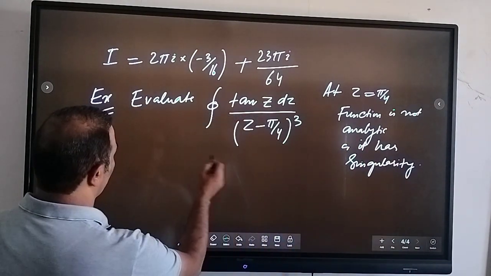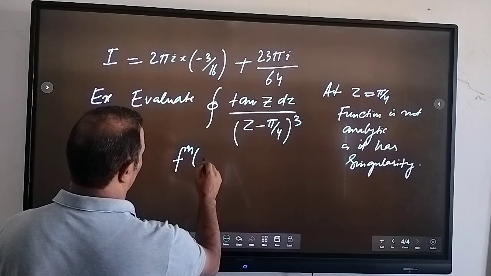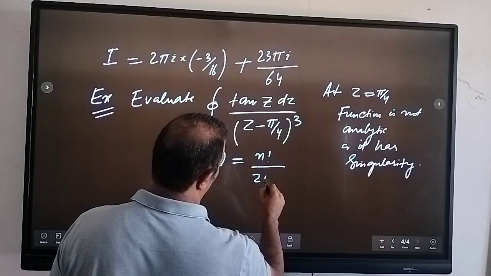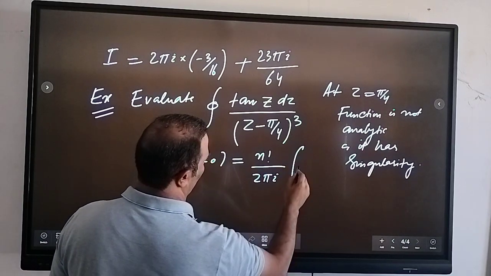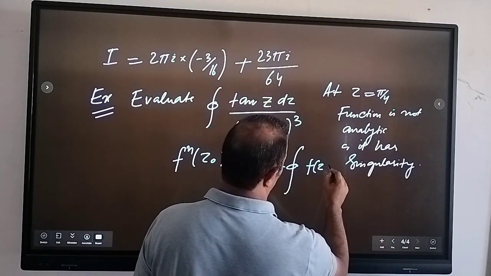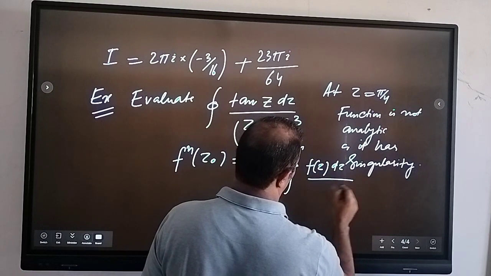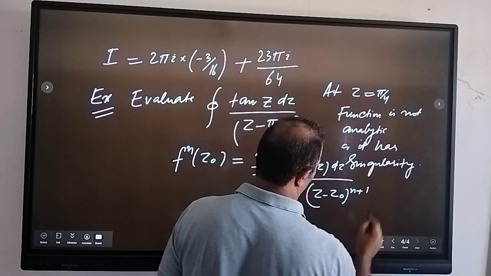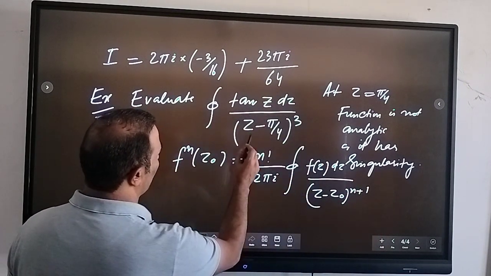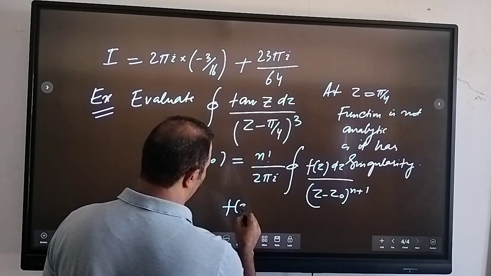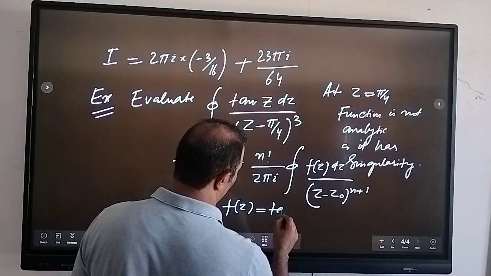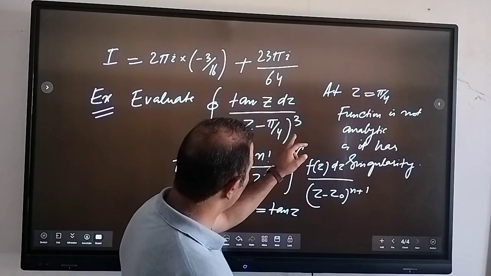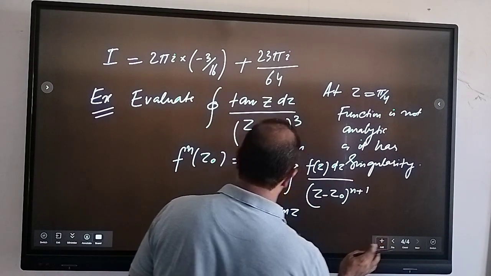Because we have f n of z0 equal to n factorial upon 2 pi i times the integral of f of z dz. So the f of z here is tangent of z, right? Now this integral I can rewrite.